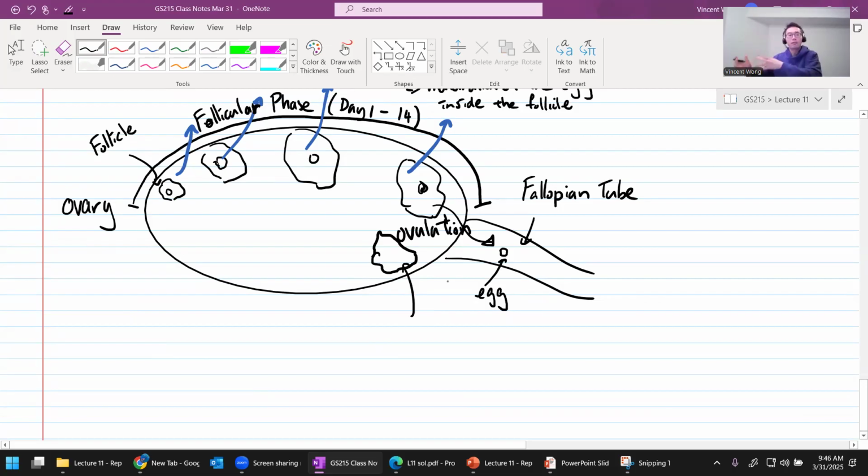After ovulation, there are some leftover materials from the follicle. The egg gets released, but there is still some leftover tissue.